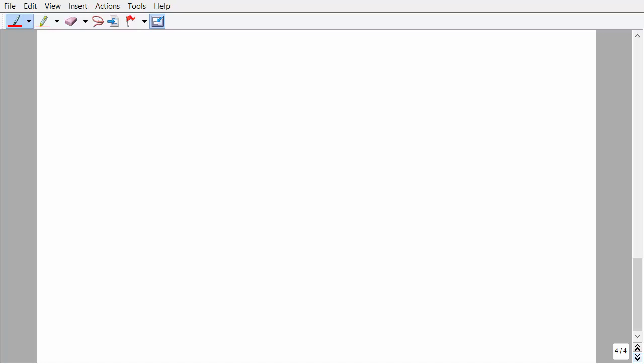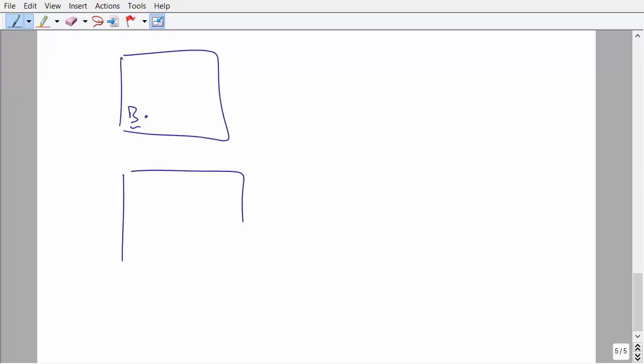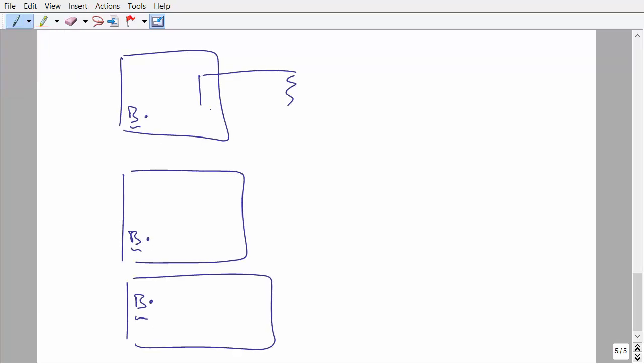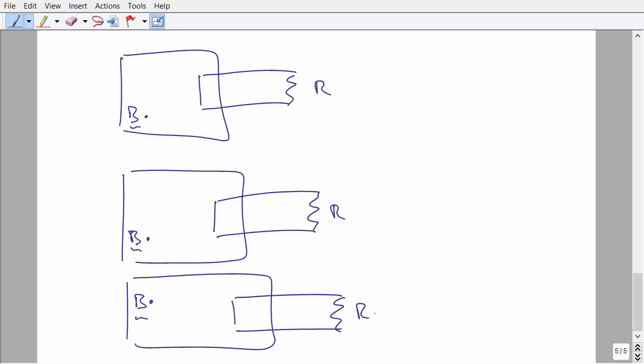And the experiment we're going to study looks as follows. We have three experiments, and all three are similar in the way they've been set up. We have a square region where we have a magnetic field going into the board. This is the same in all three cases. And we also have a loop of wire with a resistor.